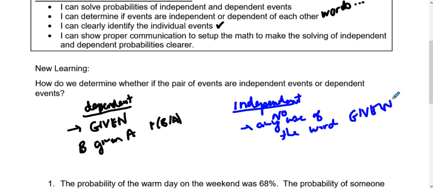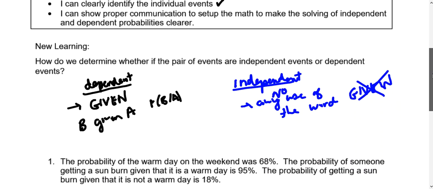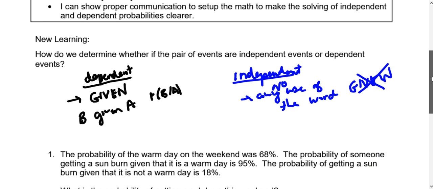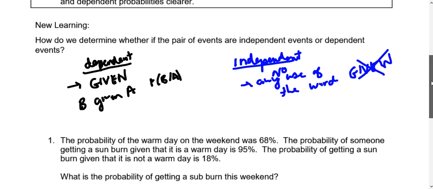So when you're looking at it, given is not going to be used at all for independent. We can use those things. So use the probability formulas that we have given you, pardon the pun, moving forward.